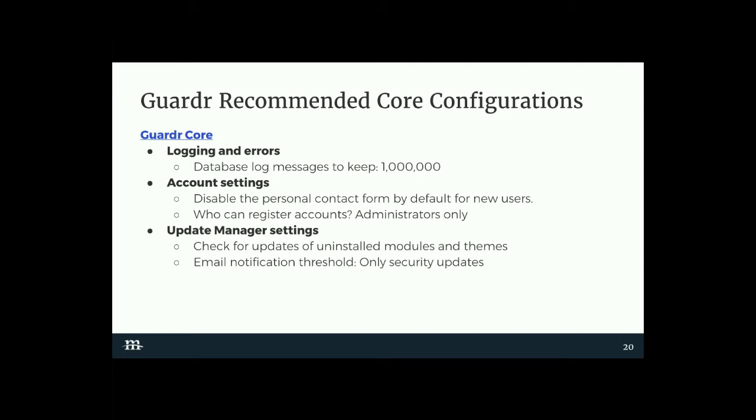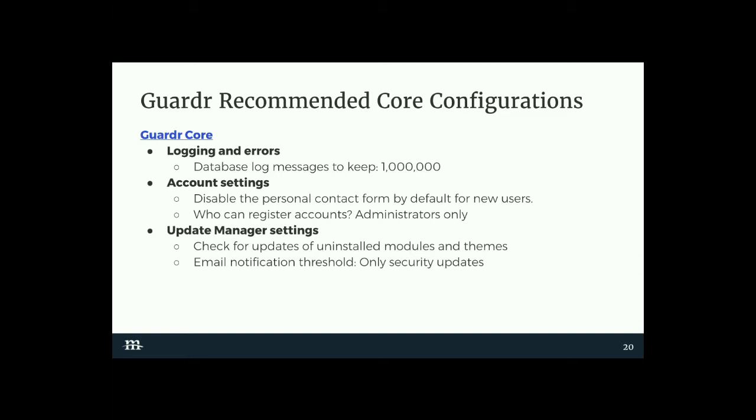so for update notifications, we're checking updates for uninstalled modules and themes. I think that's kind of nice. That is part of your attack surface. As you probably remember, I think last year there was an update to Coder that did not have to be enabled, and that can happen.